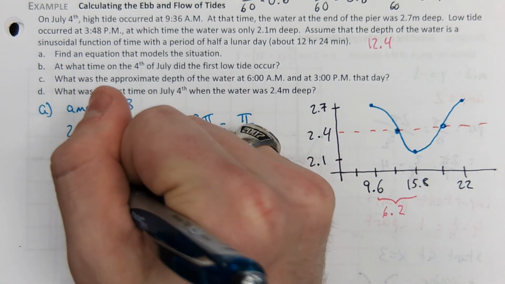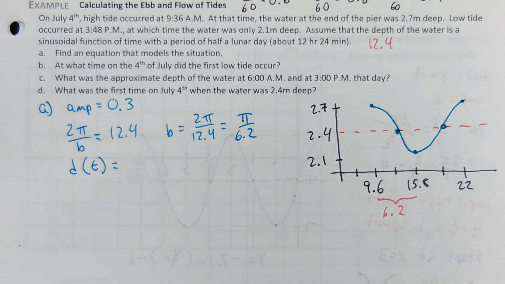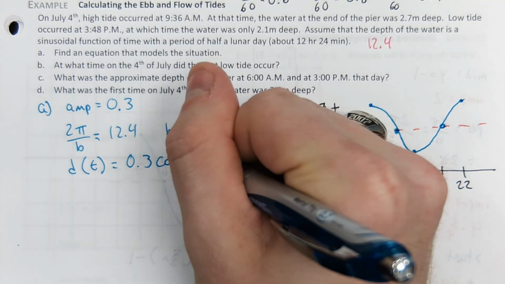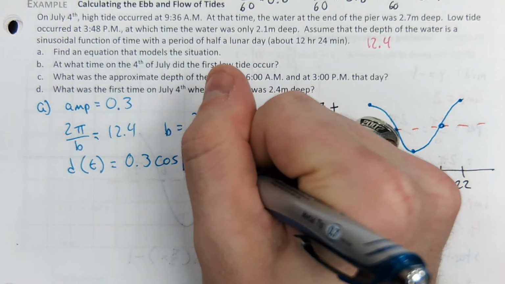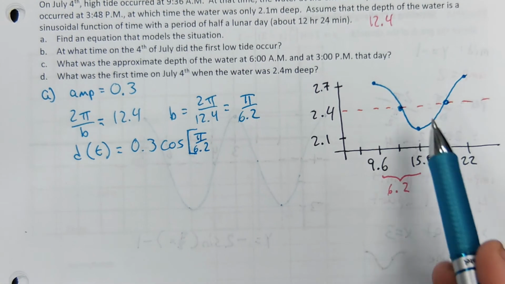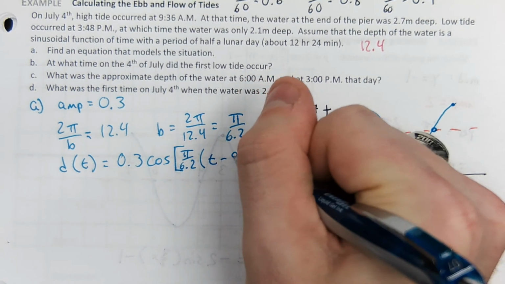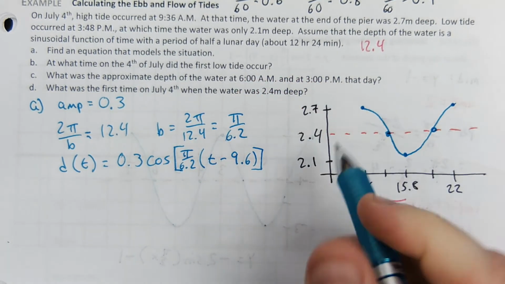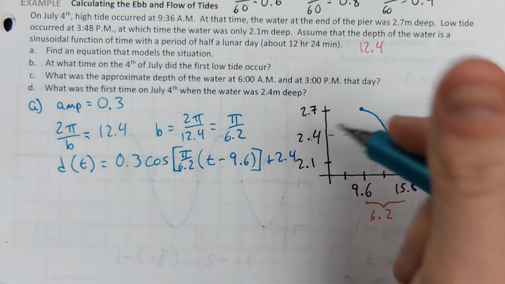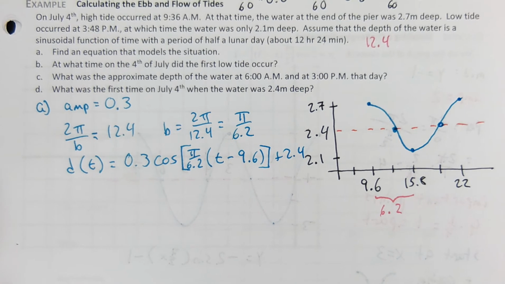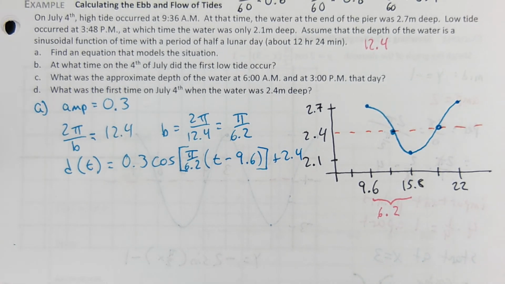The depth of our water is, we said positive cosine, amplitude of 0.3. Yes, this cosine wave has been phase shifted, specifically 9.6 units to the right. And the midline's at 2.4. There you go. That is a model for this situation, and it was answer A as well.